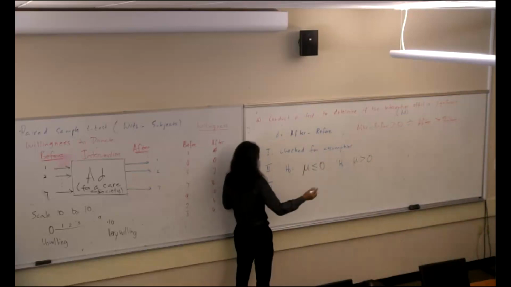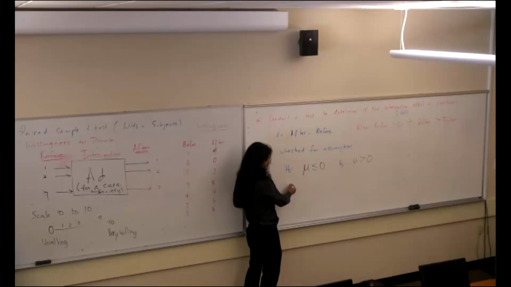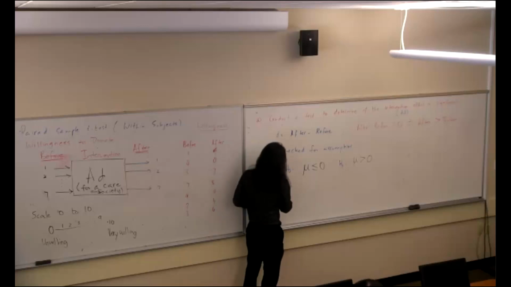Step number 3, let's pick alpha. What should we pick? 0.01, 0.02, 0.05, 0.1. Give me one. 0.01.